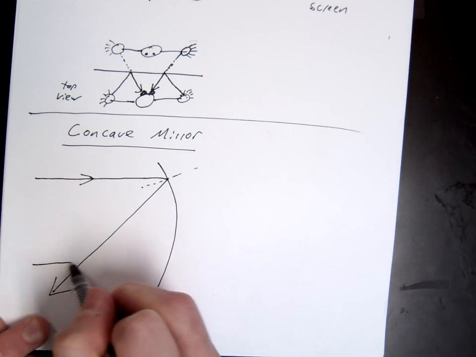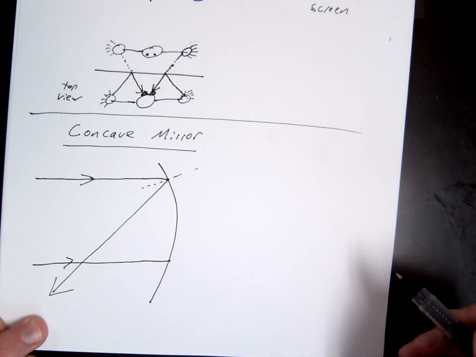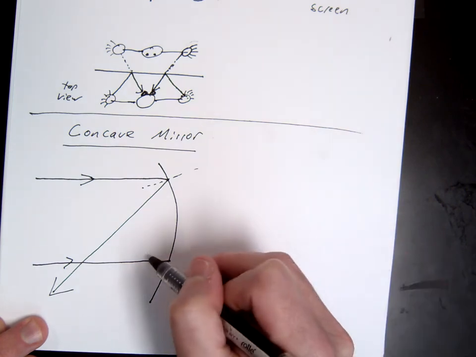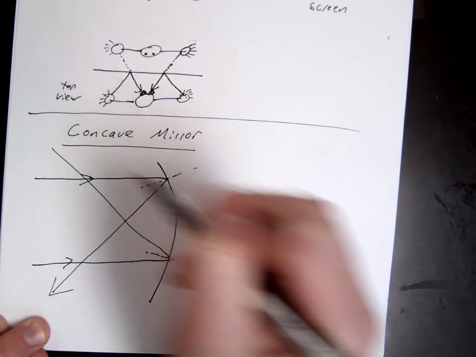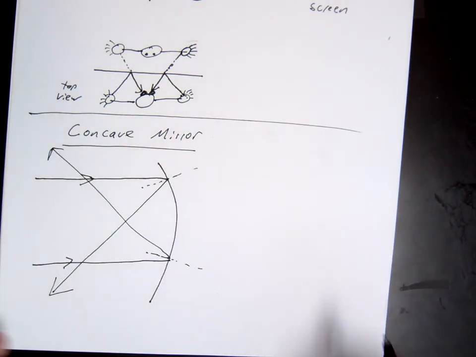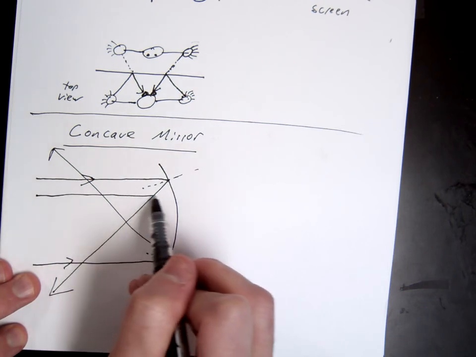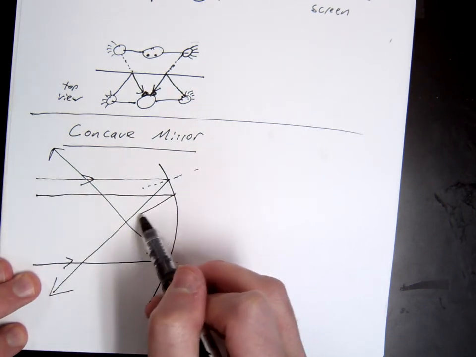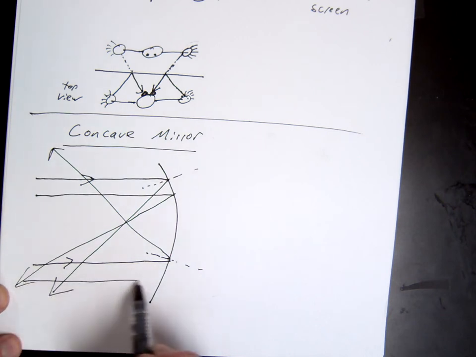What if I sent a beam this way? Now notice that the normal is shifted, and so this would go up, like this. Let me draw on a few other beams. I'm going to draw one like this. This would reflect down also. Let's draw one in down here.